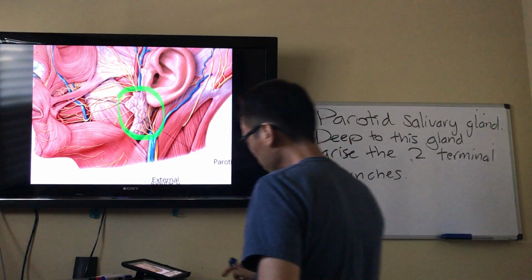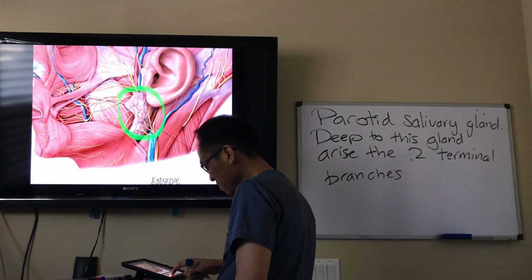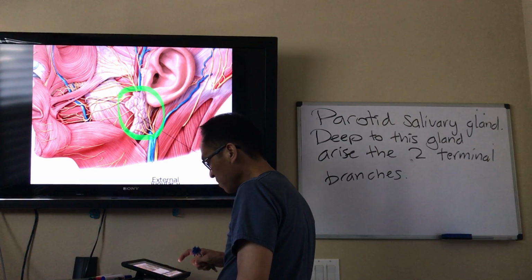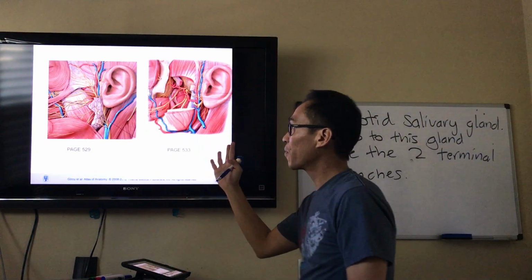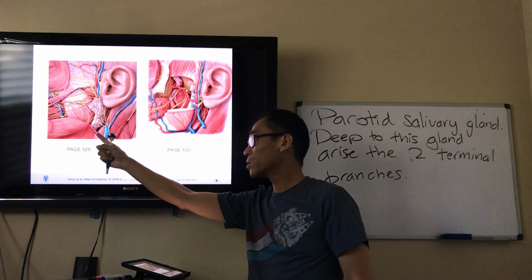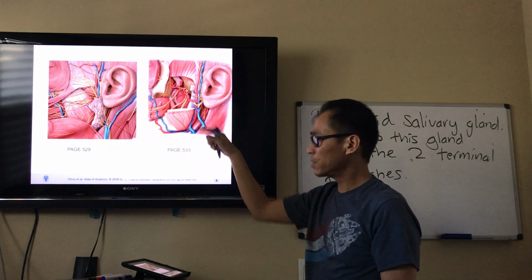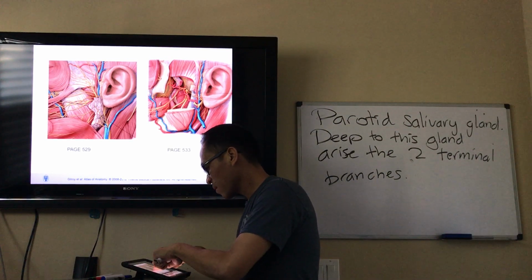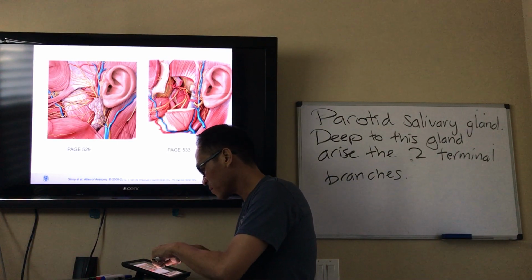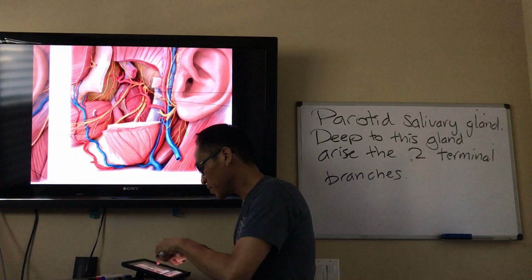All right, moving on. This picture, I have a couple of things side by side. This one you just looked at. This one, they cut away the ramus of the mandible so you can see those two terminal branches, okay?